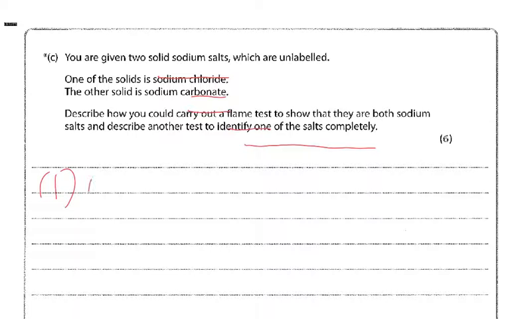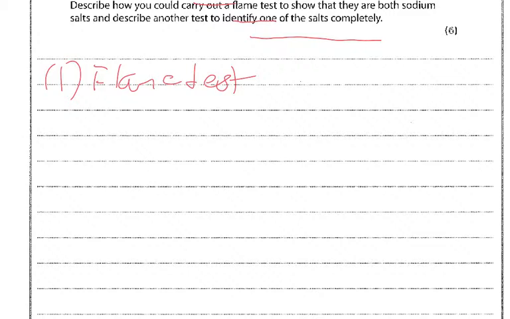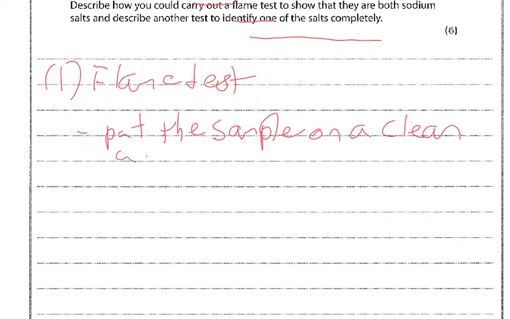Firstly, the flame test. Going into our revision, we're thinking, right, how do you carry out a flame test? You're going to put the sample on a clean wire, a wire that we've cleaned in hydrochloric acid.